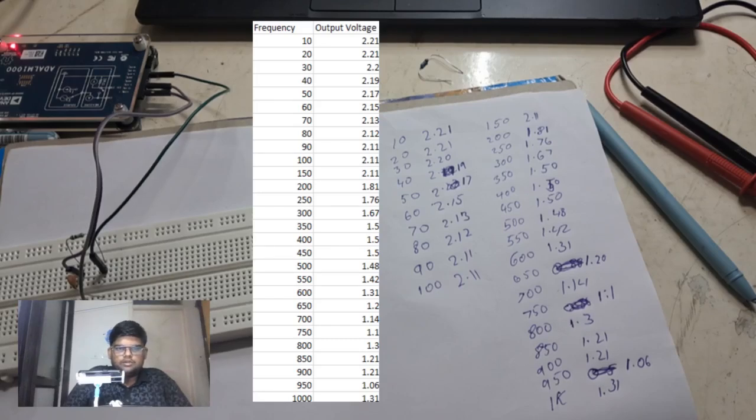So I guess that the corner frequency lies between 150 and 200 Hz, which is very similar to the corner frequency we got as 163 Hz, which also lies between 150 and 200 Hz. This is the graph plotted with the measured values.